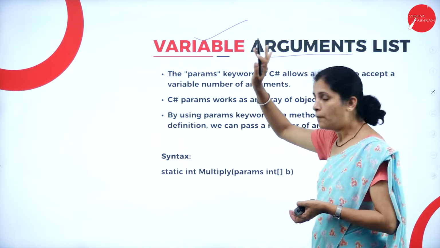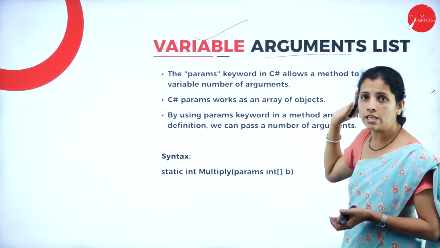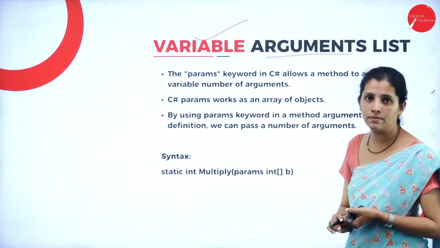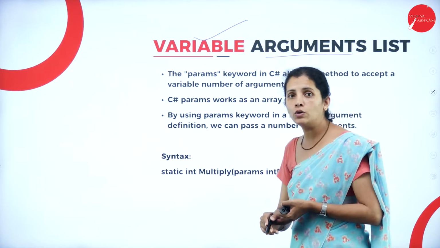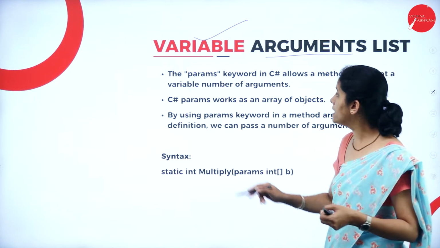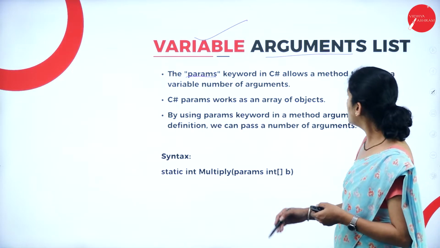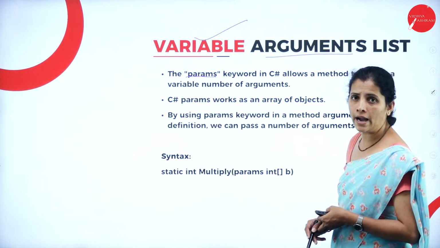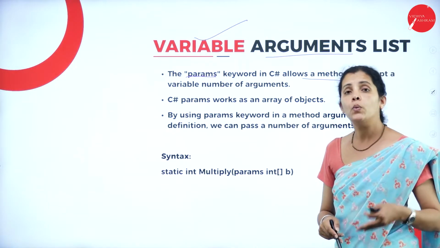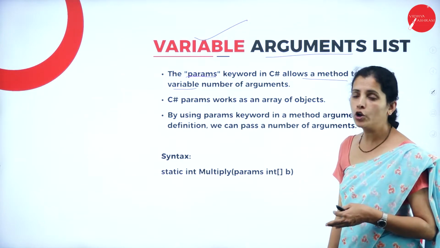So to make a variable arguments list in C#, I'm going to use the keyword called params. Suppose I want to define variable length arguments, then I can use the params keyword. It allows a method to accept a variable number of arguments.